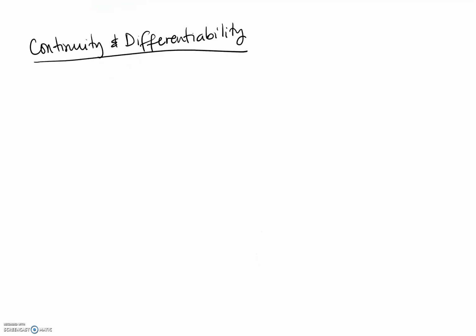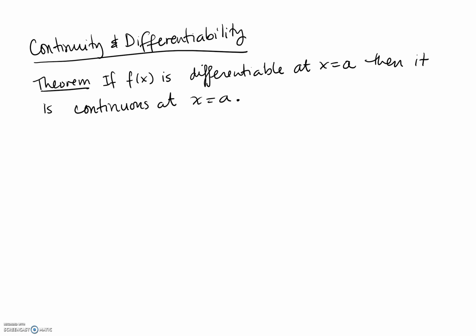So we also have the idea of continuity and differentiability related to each other with a theorem. And the theorem basically says that if f of x is differentiable at a, then it is continuous at a. In other words, differentiability is a stronger argument, meaning differentiability implies continuity. For example, let's look at our f of x equals x squared function.